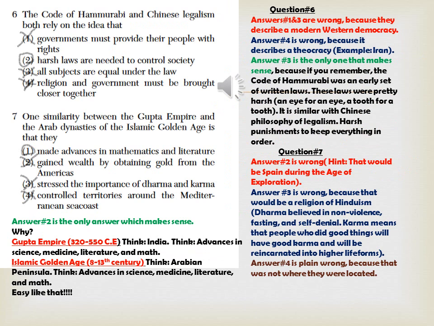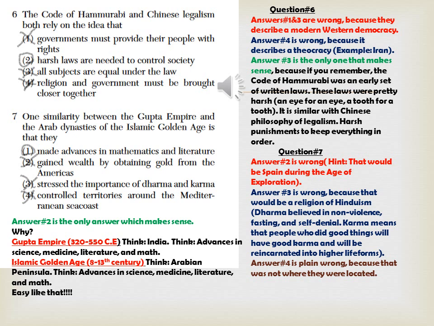Question number 6. The Code of Hammurabi and Chinese legalism both rely on the idea that, is it 1, governments must provide their people with rights? Is it 2, harsh laws are needed to control society? Is it 3, all subjects are equal under the law?